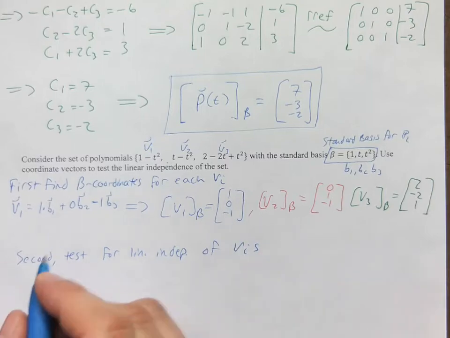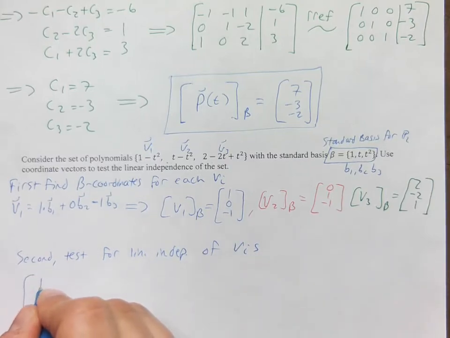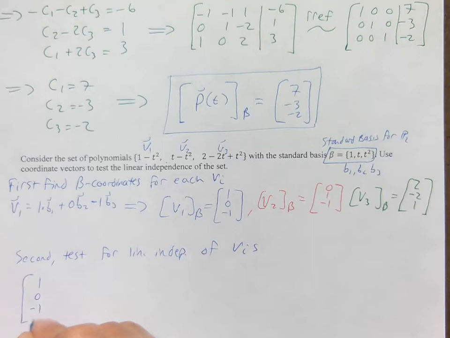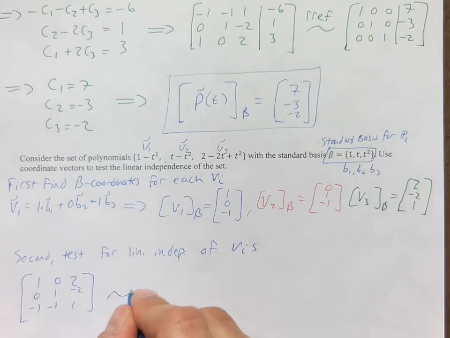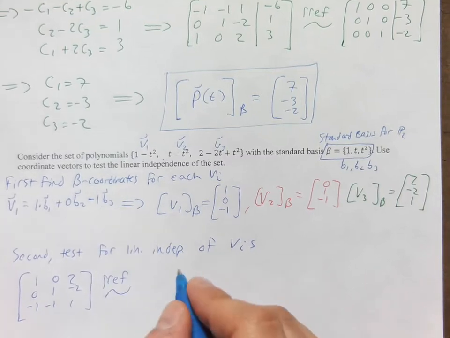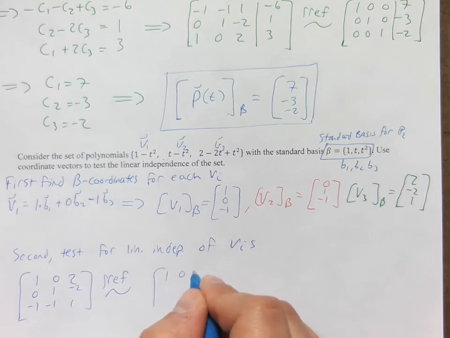We're going to take their beta coordinates and put them in a matrix. And we're going to see whether or not there's a free variable, because when we have no free variables, that means that the vectors are linearly independent, because we get the trivial solution to the homogeneous equation. So let's reduce that matrix, and we see it turns into the identity matrix.